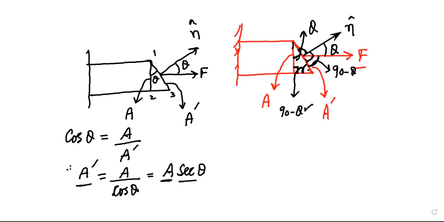Now this F that we have, we can resolve in two components. One component of F will be in this direction, in the same direction as the direction of the unit normal.